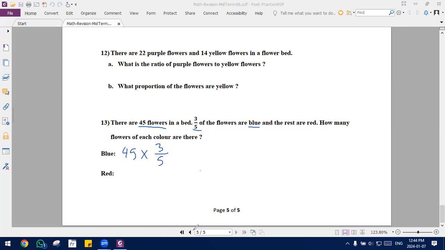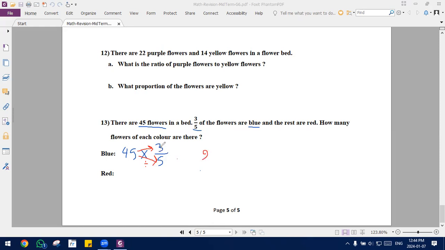Okay, in the class before we talked, how do we solve this the easiest way? First, we do the division, and then we do the multiplication. So first I do 45 divided by 5, sorry, not 7, it's 9. So 45 divided by 5 is 9.